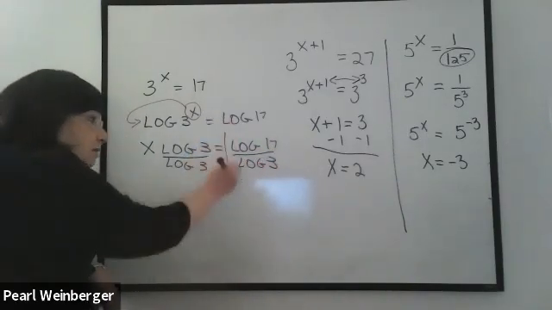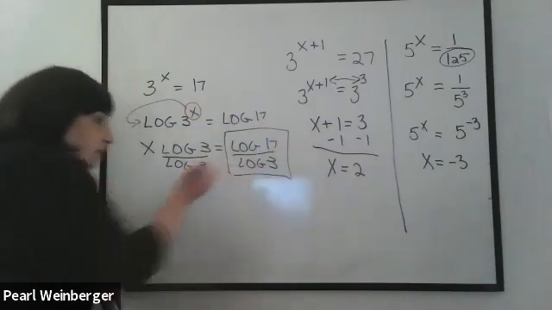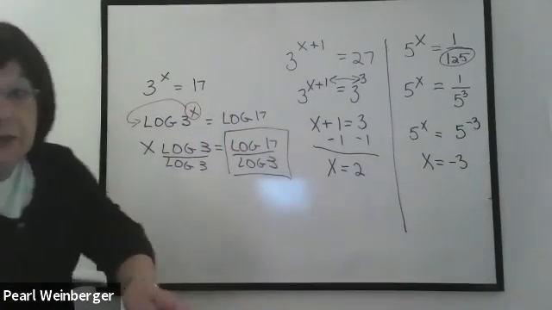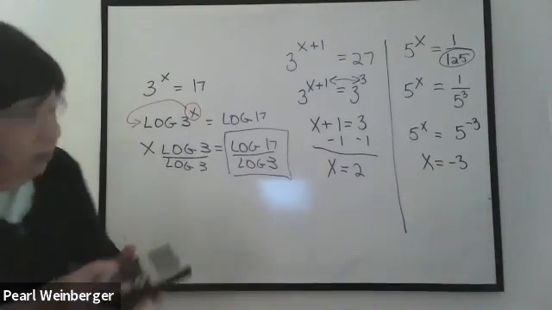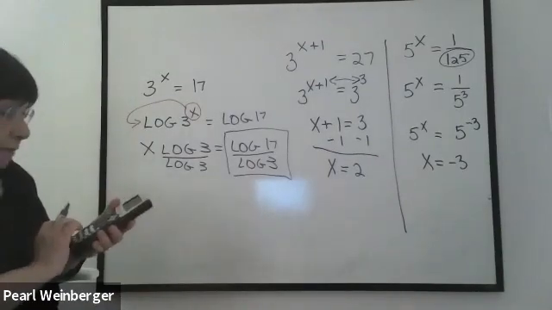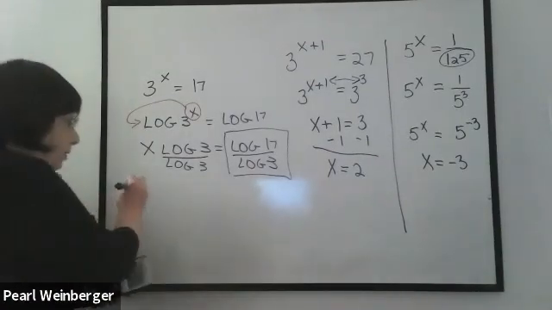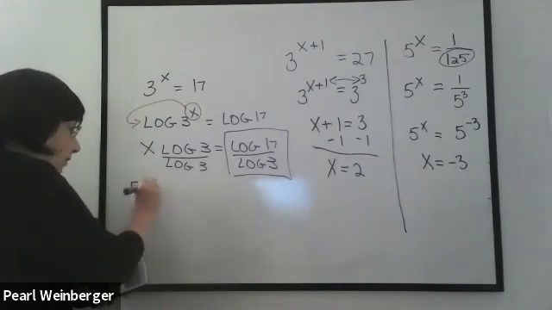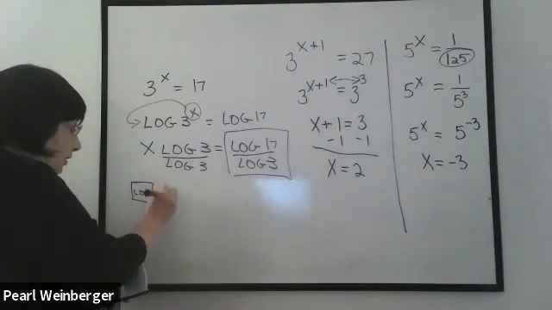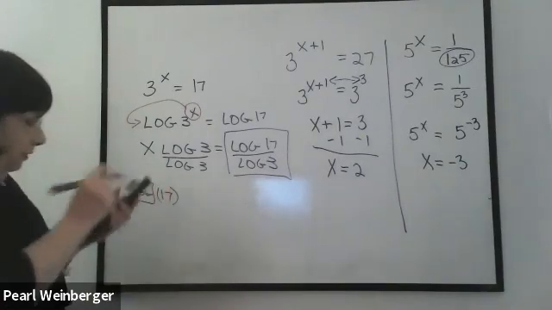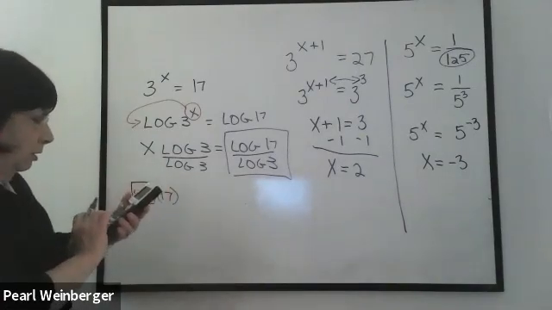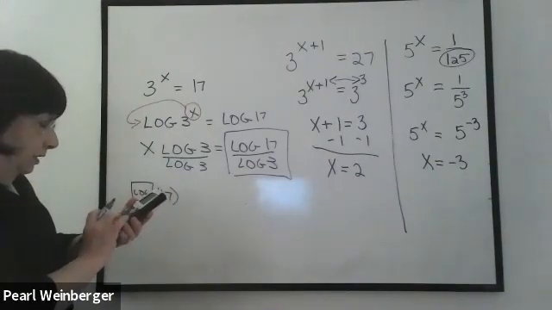I want x alone, divide by log 3. Now, this is something I have to stick into my calculator. It's not something that I can do without a calculator, but that's what I do. On my calculator, I press my log button, I put in 17. It'll probably open a parentheses, so I'll close the parentheses.